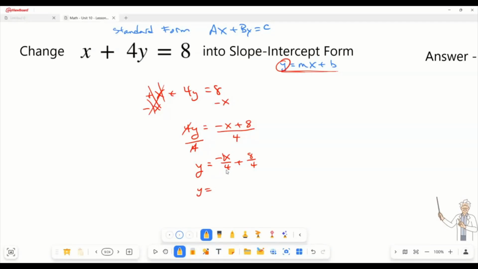So if I pull the fraction part out, -1/4, the X jumps out here next to the fraction bar, plus 8 divided by 4 is 2. There we have standard form. Here is the exact same line in slope-intercept. Y equals mx plus b.